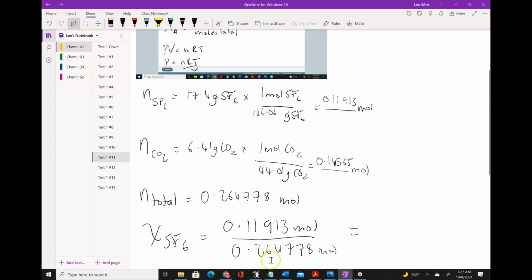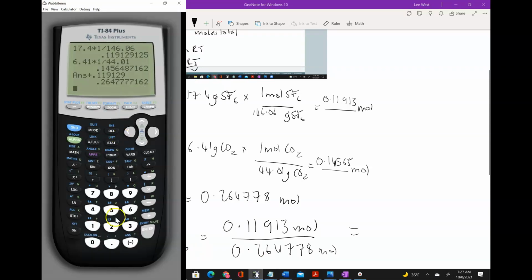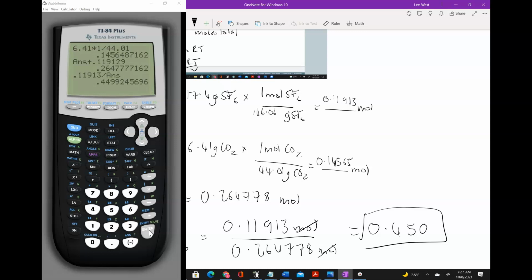You don't want to do that. It should always be a number less than 1. So 0.11913 divide second function answer, enter, and there we go, 0.450, and it doesn't have units because the moles cancel. Alright, 3 sig figs on that guy.